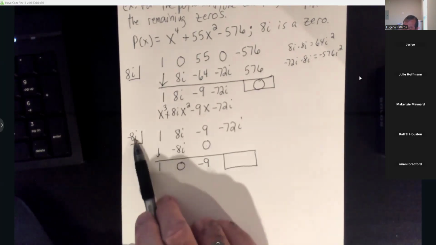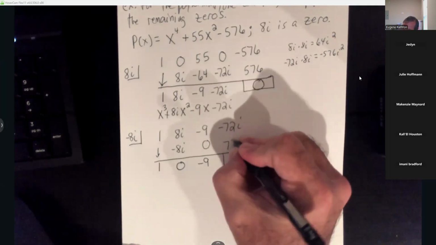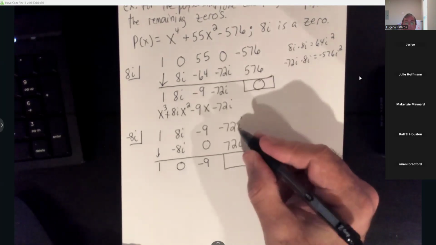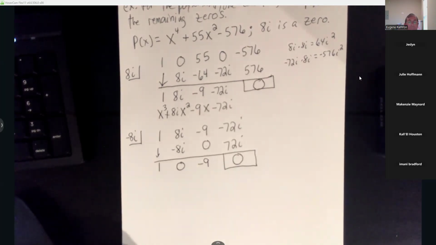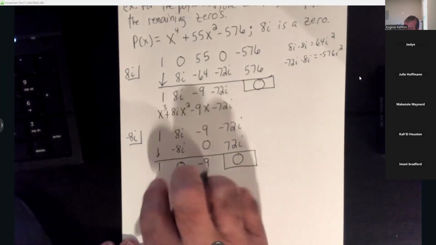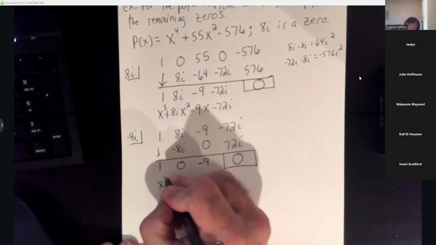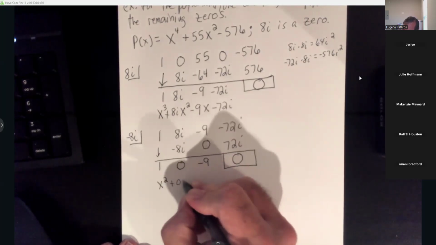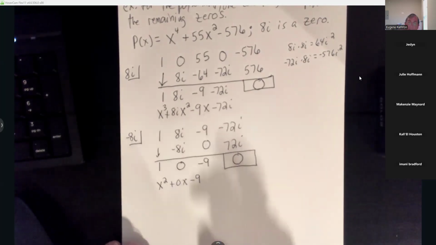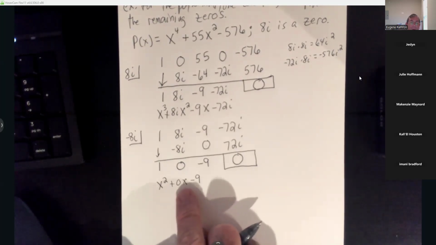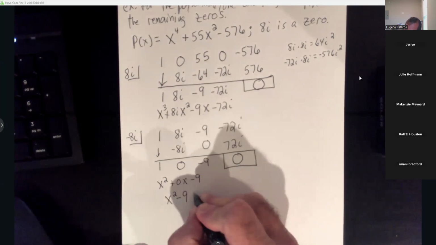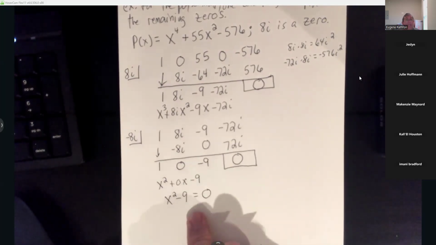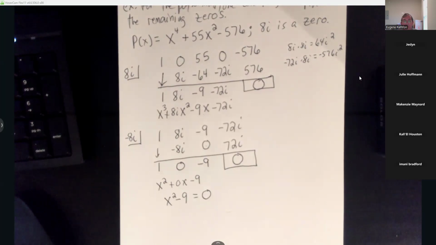Negative 9 times negative 8i is a positive 72i. When you add them, you get a big 0. So this is like 1x squared now plus 0x minus 9. So y'all, I'm going to get rid of the 0x and make this an x squared minus 9. I'm going to set this equal to 0 to get my last two zeros, okay?